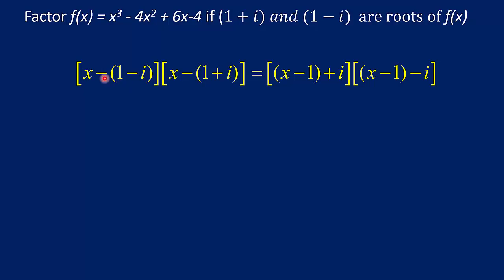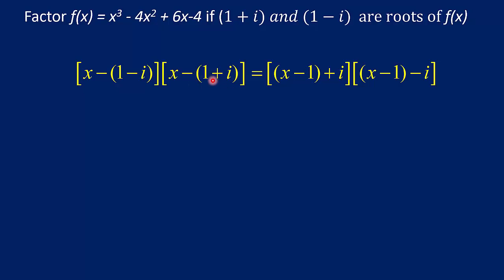So I need to multiply this out. Now the way I multiply this out is I take this x minus 1 and I group it right here. So I change the grouping a little bit. I distribute the minus through and I have x minus 1 plus i. See? This right here is this. And then I do the same thing for this one, x minus 1 minus i.